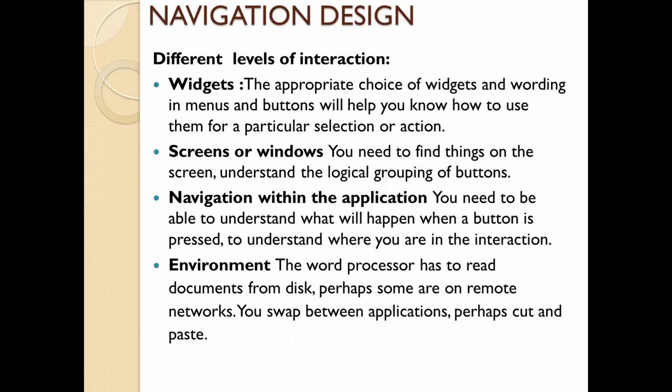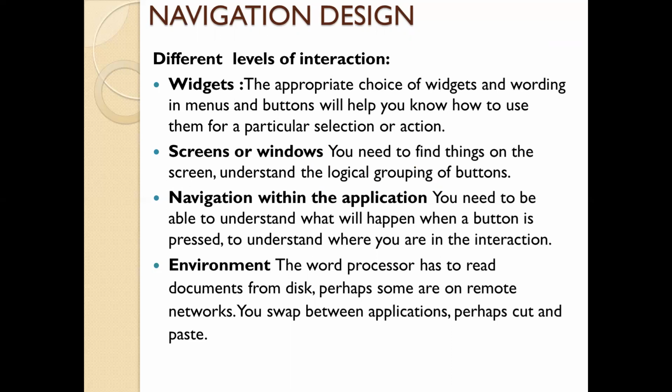Navigation design. Different levels of interaction: widgets, screens or windows, navigation within the application, environment. In case of widgets, the appropriate choice of widgets and wording in menus and buttons will help you know how to use them for a particular selection or action. Screens or windows: you need to find things on the screen, understand the logical grouping of buttons.